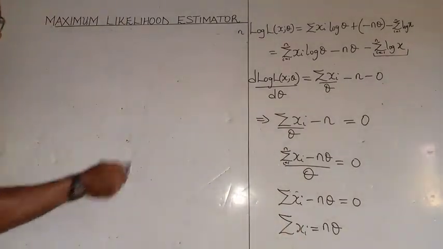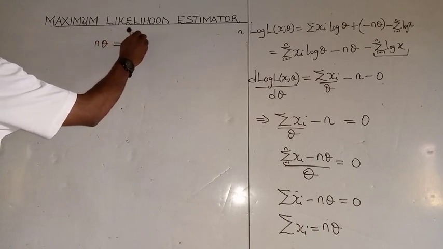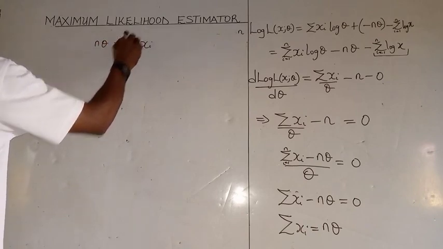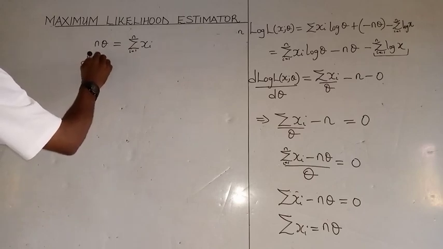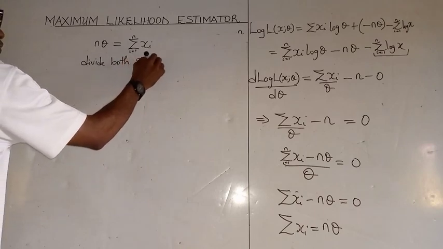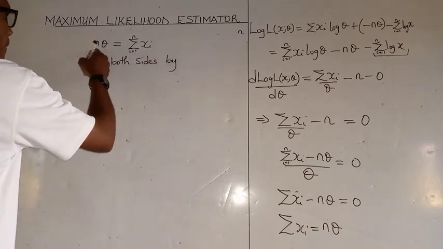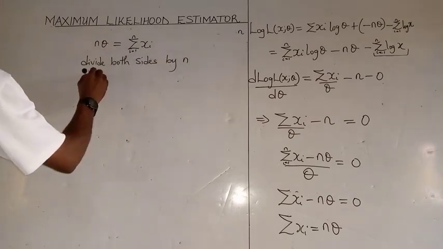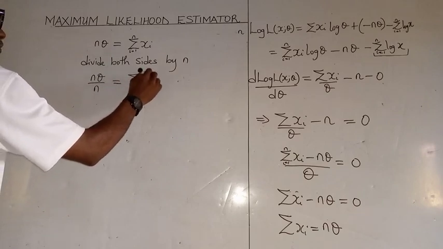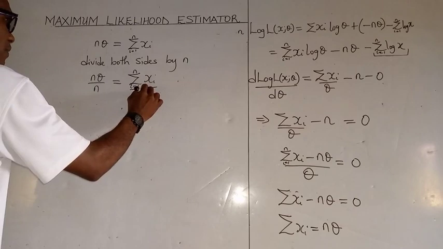Since we have this, we can rewrite it as n theta is equal to summation of xi, i ranging from 1 to n. So we divide both sides by n. We have n theta all over n is equal to summation of xi, i ranging from 1 to n, all over n.